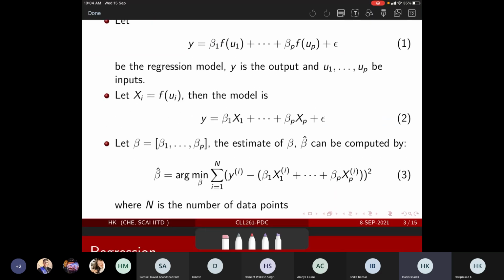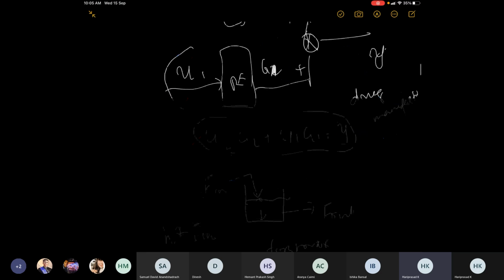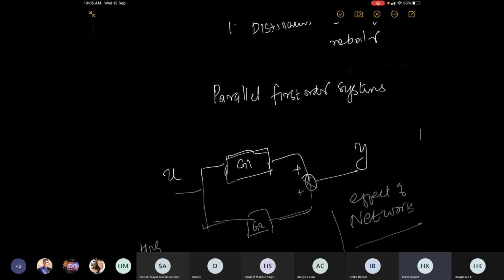The simplest data-driven model one could think of is the regression model. You call it linear regression, multilinear regression, and so on. The structure of the model would be output as a linear combination of various input variables.